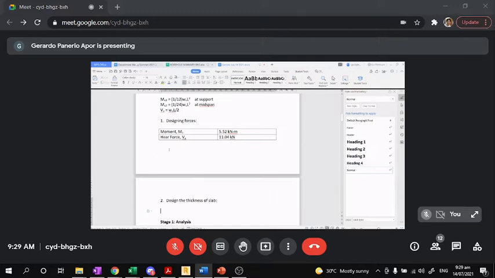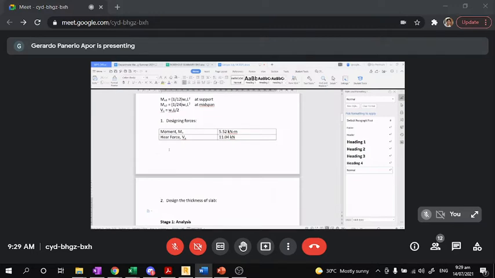The suggested thickness of the slab is L over 20, L over 24, L over 28, L over 10.